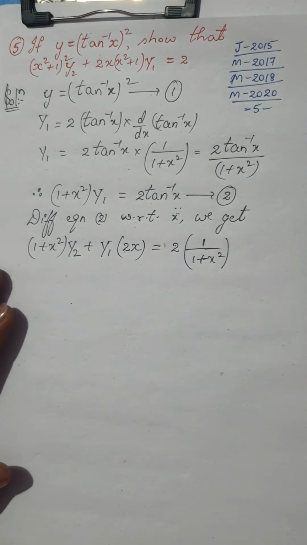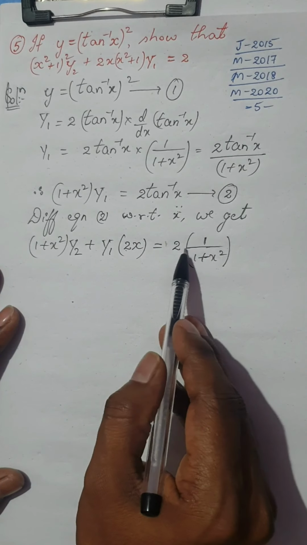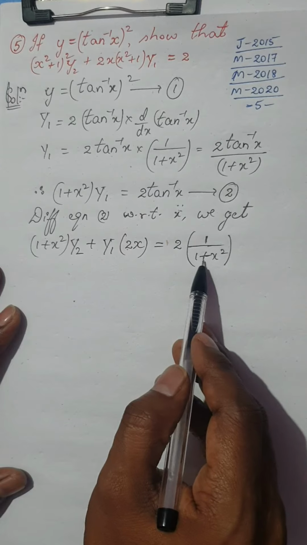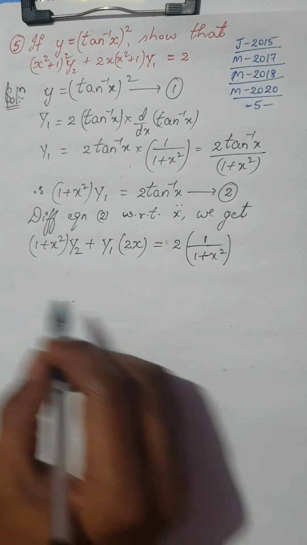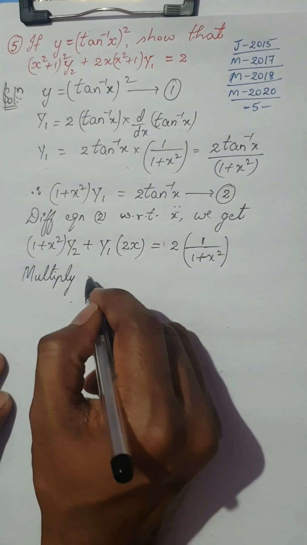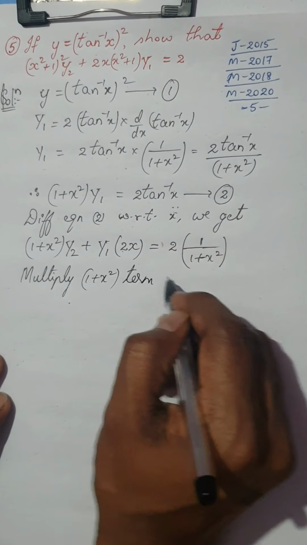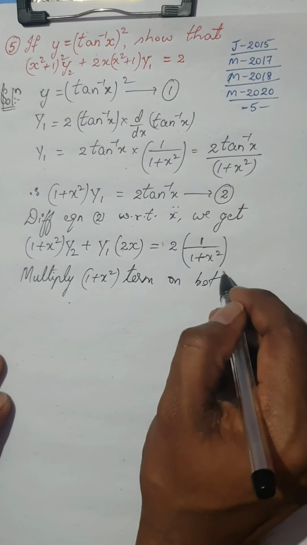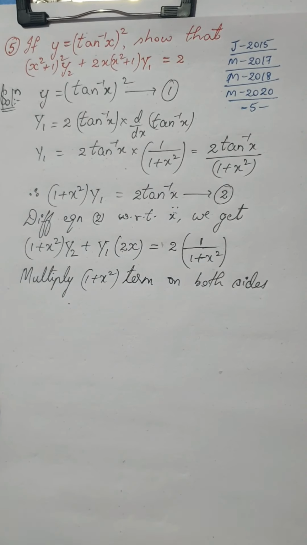Now, you can see here, I have 2, and the right hand side is of the form 2 divided by 1 plus x square. Let us multiply the 1 plus x square term on both sides. Is it clear? See what happens.